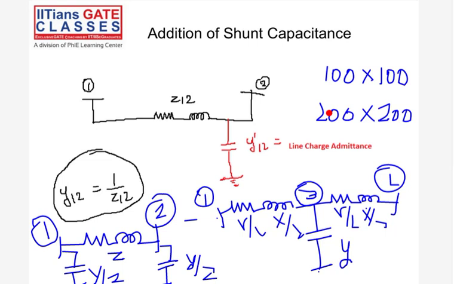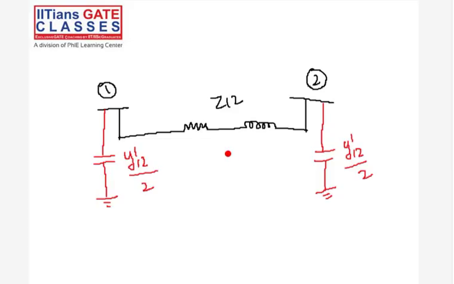And when the size of the matrix increases, the computational cost and the computational processing required also increases. So for power systems, we always prefer to go with the pi model. Is that clear? Does that make sense? That we will always prefer to go for pi.